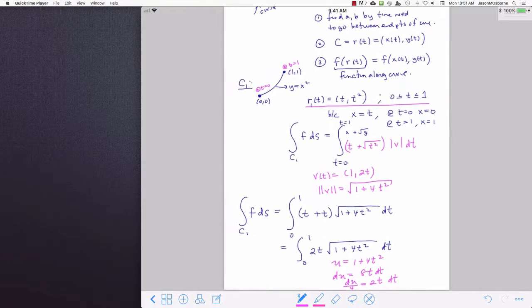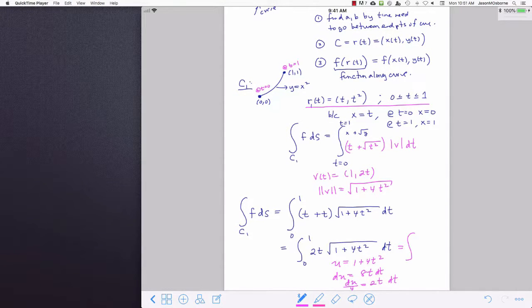So this integral is actually the integral of square root of u over 4 du, and then you integrate from u equal to, when t is equal to 0, u would be equal to 1, and when t is equal to 1, u will be equal to 5.